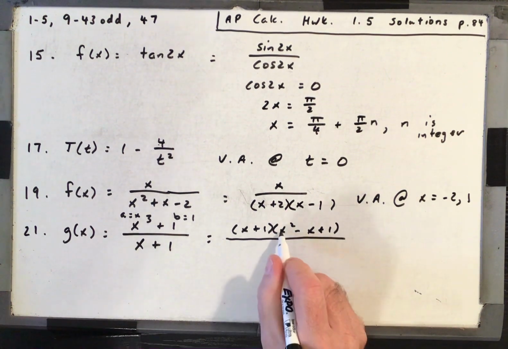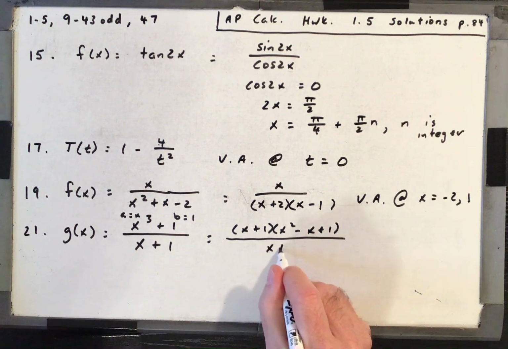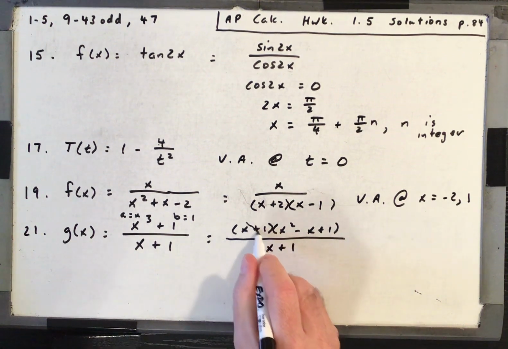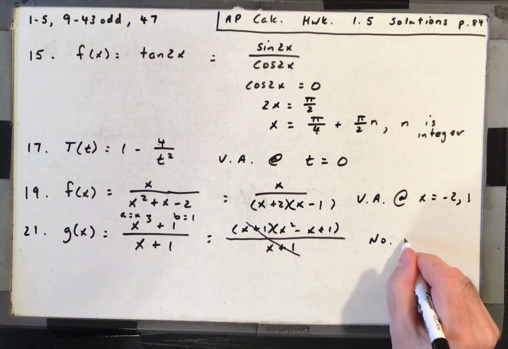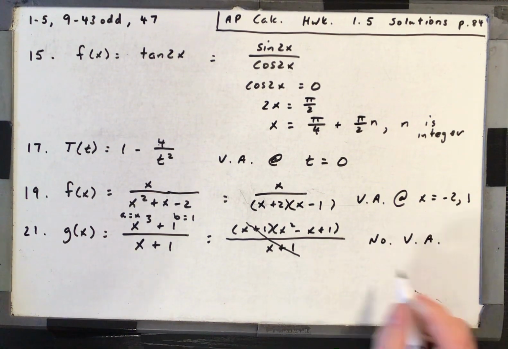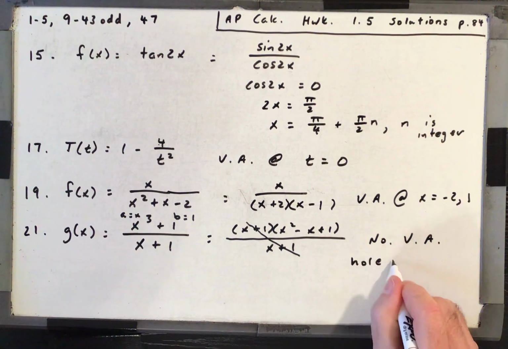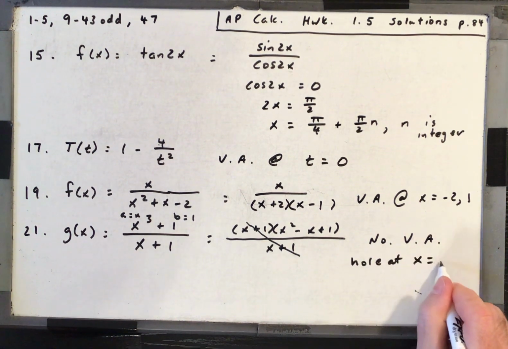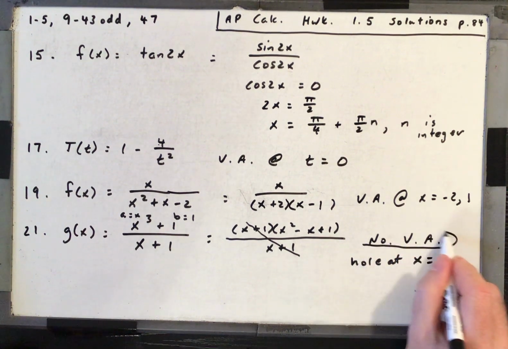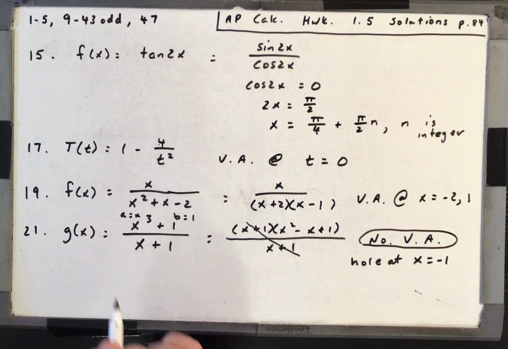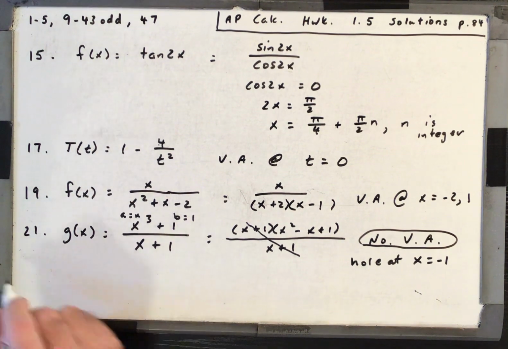You will need that formula memorized for the test, over x plus 1. That cancels out, so there is no vertical asymptote. There is a hole at x equals -1, which is removable, but it didn't ask for that. You have the correct answer if you just say no vertical asymptote.